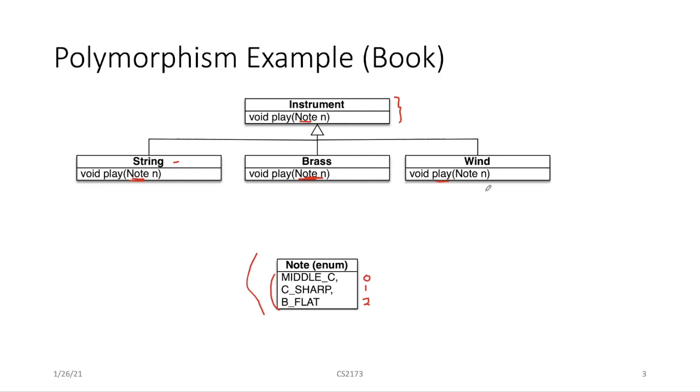So from a programming standpoint, there's something which in the program distinguishes each of these different types, so that when they play, something else happens.